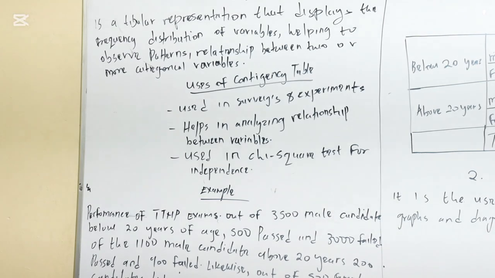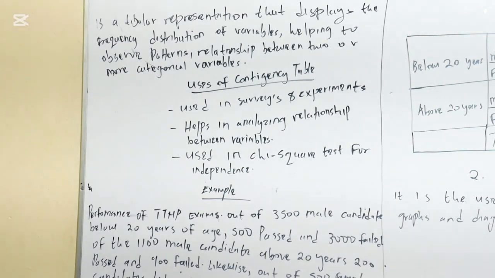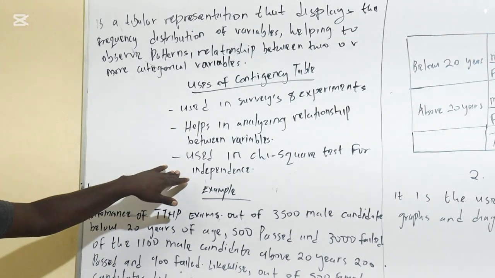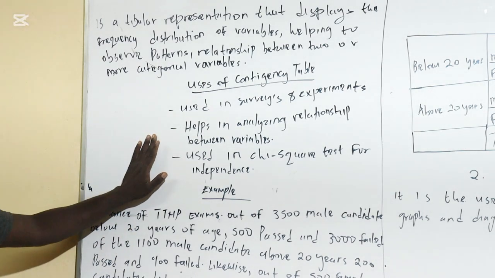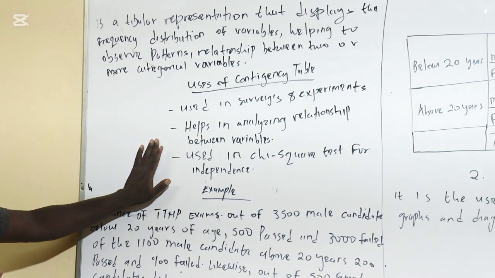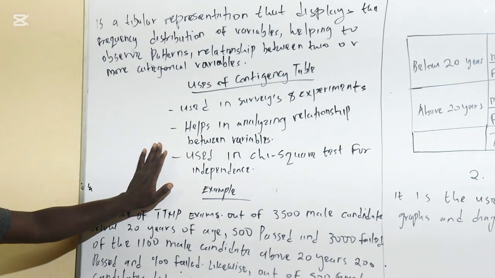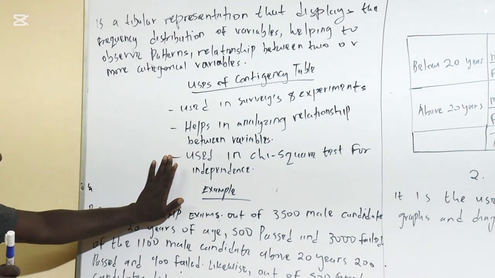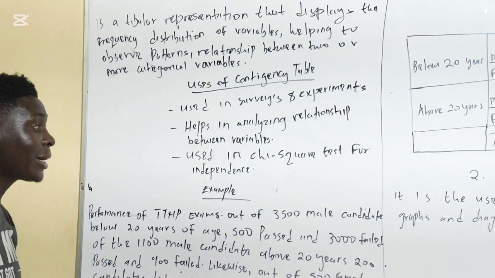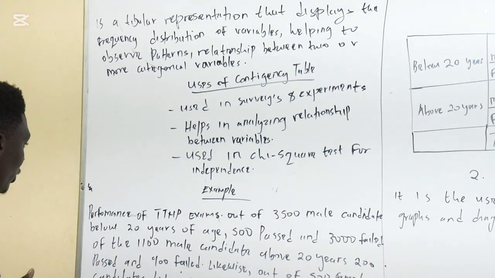I think in test of hypothesis and also in measures of dispersion, I will teach you about chi-square tests. There's also a unit on its own called chi-square testing.